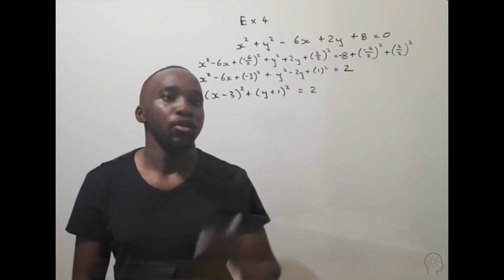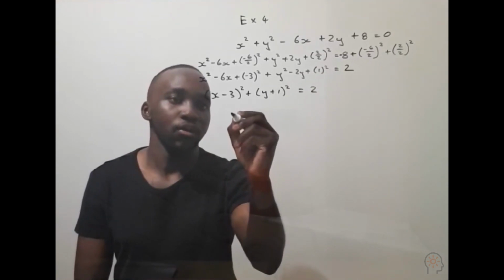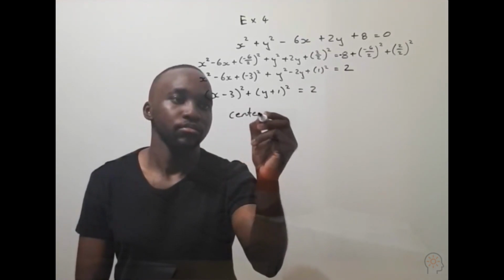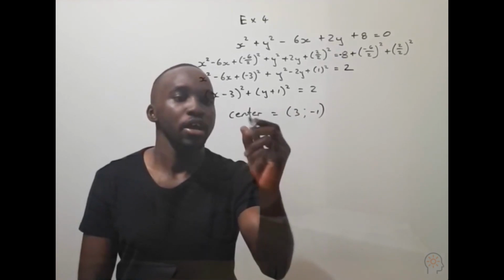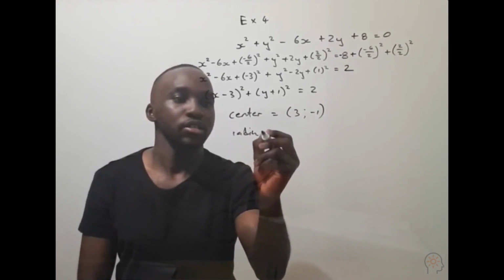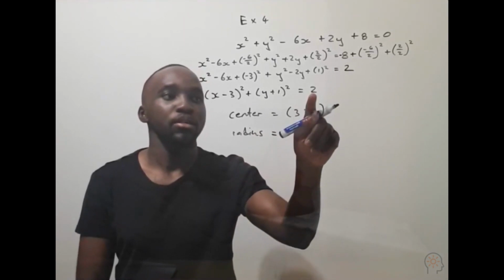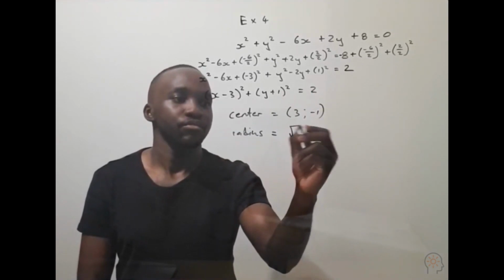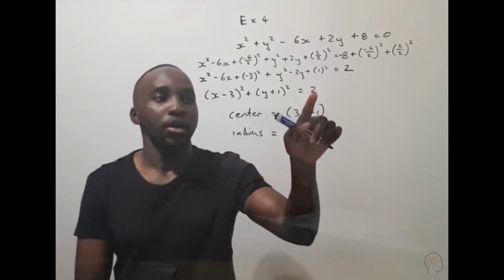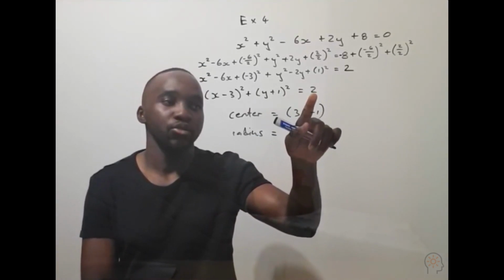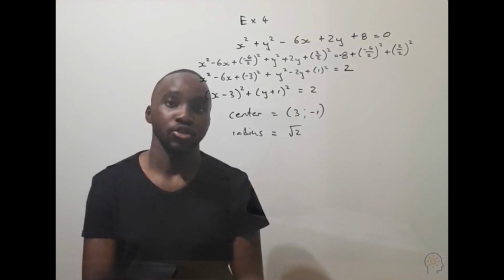This being in standard form, we can see that our center is just 3 coordinate -1, and then our radius is equal to, remember, this here is not 100% standard form. However, we can clearly see that whatever the square root of this value is, that's what our r is going to be.